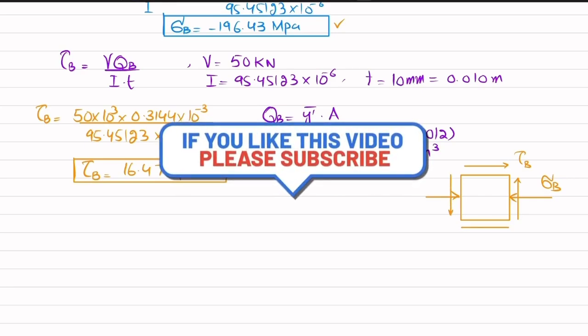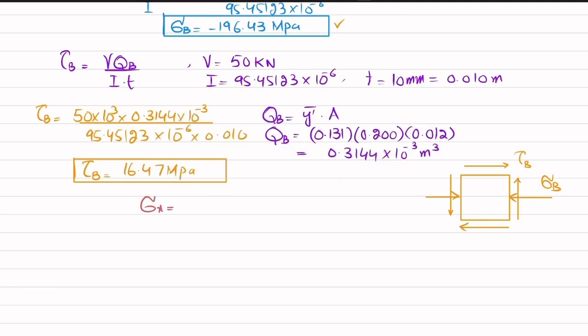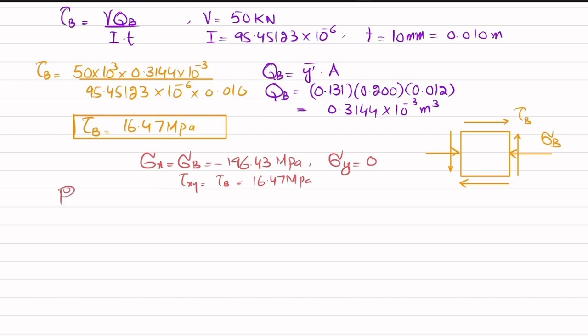Now you can see sigma x here is equal to sigma B, which is minus 196.43 megapascal. Sigma y here is not available, so it will be equal to 0. And tau of xy, which is equal to shear stress at point B, is 16.47 megapascal.